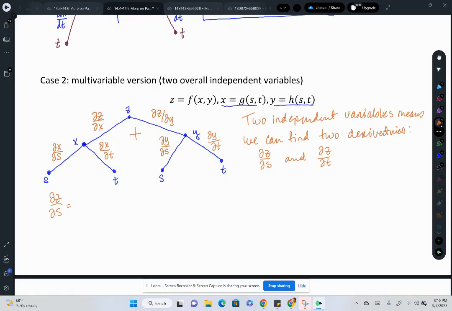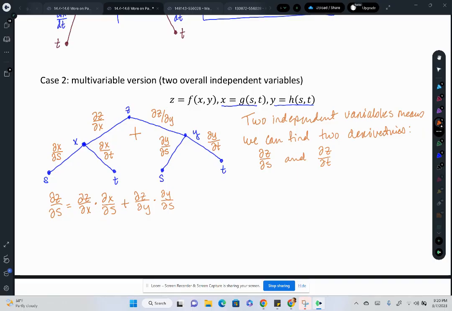So the first branch on the left, I travel from z to s, and as I do that, I go through ∂z/∂x times ∂x/∂s. And that takes care of the left branch. Going to the right branch, I have to add. And so to get down to s, I will be using ∂z/∂y, and multiply that by ∂y/∂s. And that's it. That will give me my partial derivative of z with respect to s.